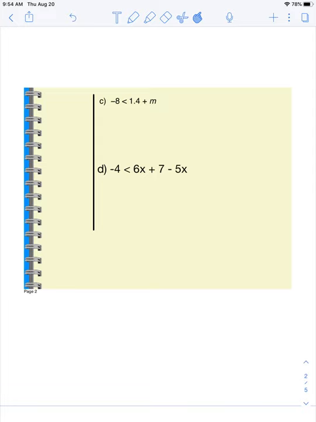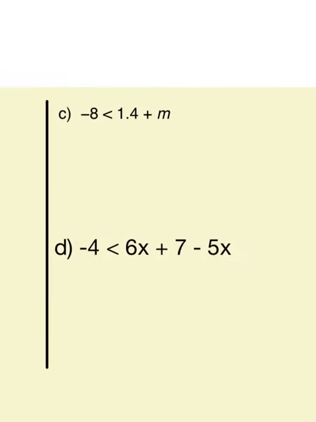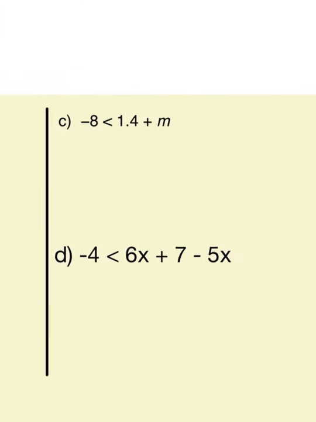All right, I'm going to go ahead and solve C. So negative 8 is less than 1.4 plus m. I need to get m by itself, so I'm going to subtract 1.4 from both sides, and negative 8 minus 1.4 is negative 9.4 is less than m. And it helps if the variable is first, so I'm going to switch that to m is greater than negative 9.4.